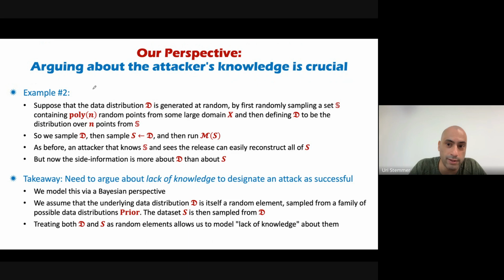So the takeaway from this example is that we want to be able to argue about the knowledge, or maybe the lack of knowledge, that the attacker has about both the dataset and the underlying distribution.